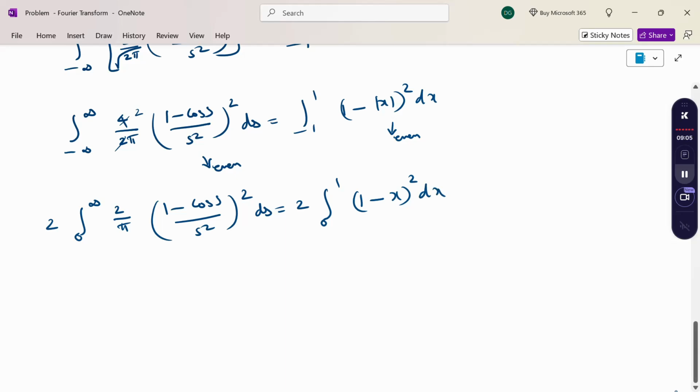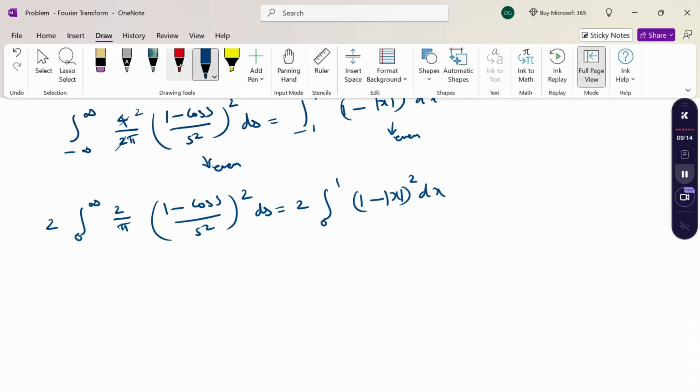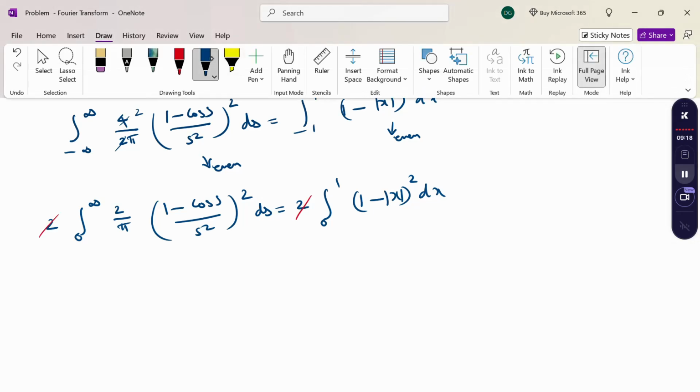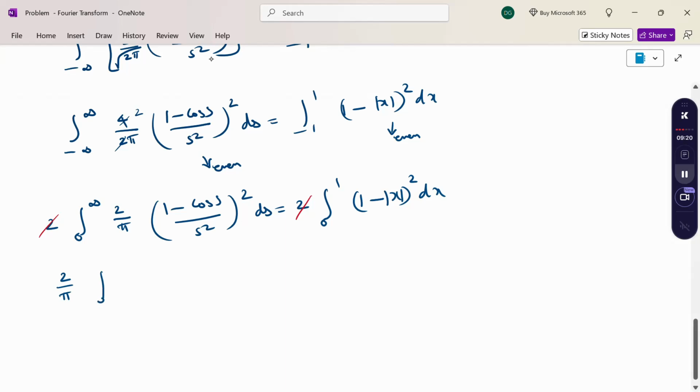When the sign is positive, the modulus of x is just x. Cancelling the 2 on the left and right, we have 2 by pi times the integral from 0 to infinity of ((1 minus cos s) by s squared) whole squared ds equals the integral from 0 to 1 of (1 minus x) squared dx.